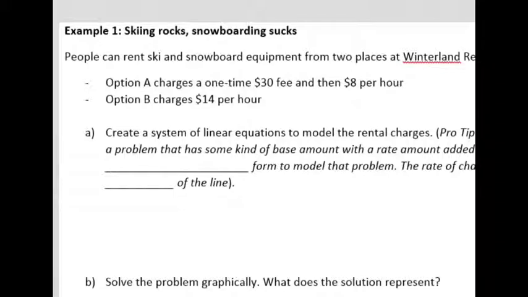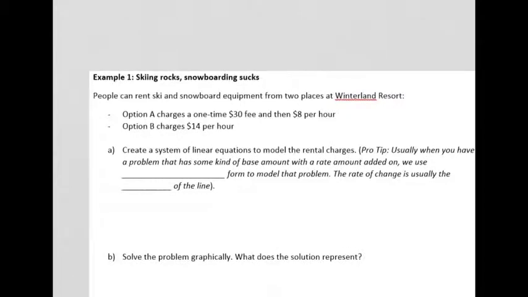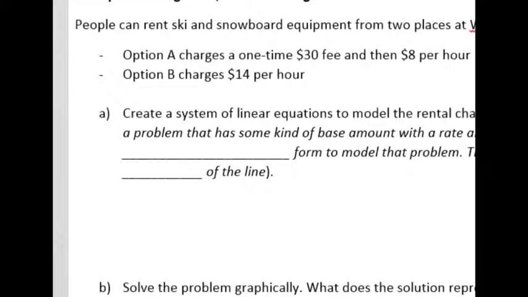But when you have a base amount and a rate added on, what form of the equation of a line do you think you would use to model that problem? Slope-intercept, general, or slope-point? Slope-intercept. Okay? Slope-intercept form will allow you to model problems with a base amount plus or minus a rate. So that's what goes on that first blank.